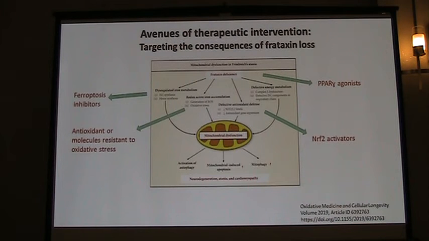Why are they some of the most advanced? Because they're some of the oldest, and they are the oldest therapeutic approaches because all these pathways are also common to other diseases. So what FARA did at the very beginning was try to learn from other diseases that involve mitochondrial dysfunction and apply that knowledge to FA.